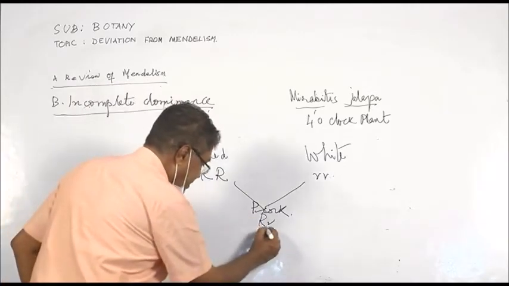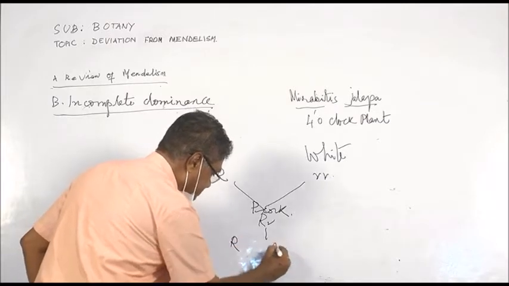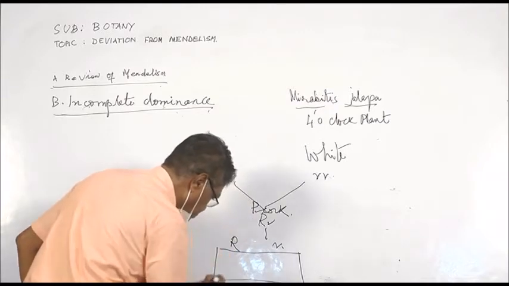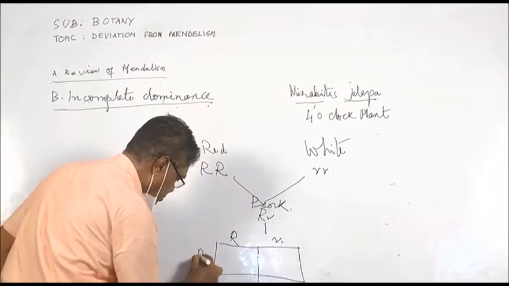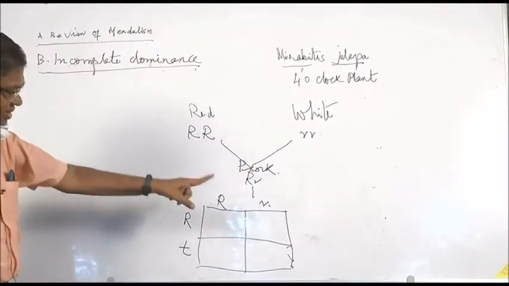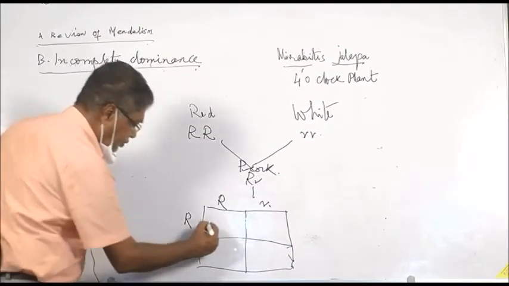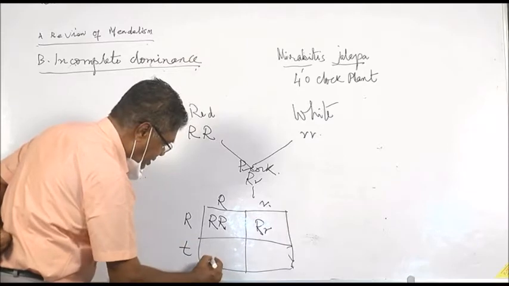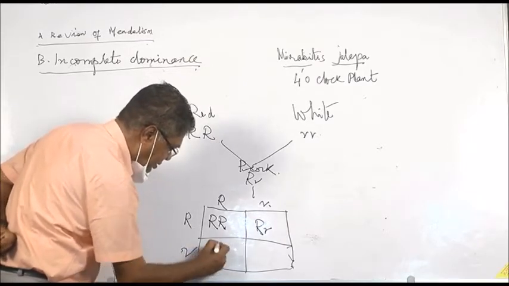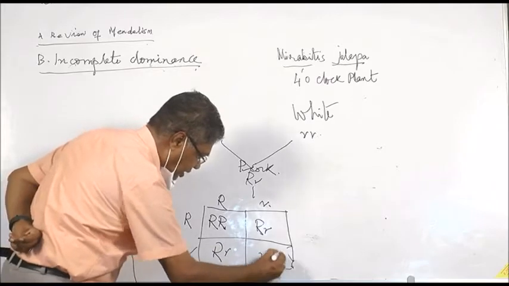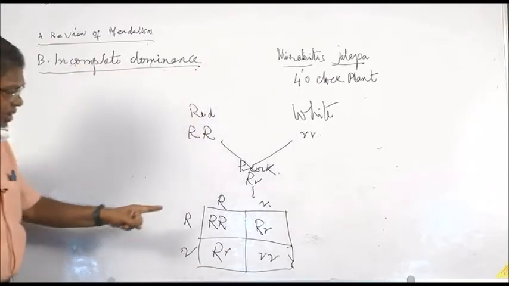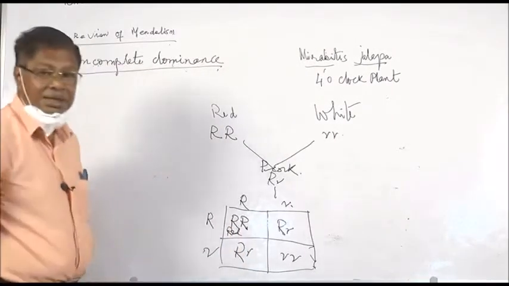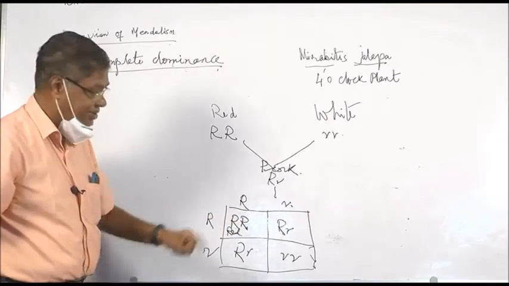Now, when the pink goes to the F2 generation, you will get capital R capital R, capital R small r, capital R small r, and small r small r. There are 4 squares. This one will be red because it is pure red with 2 dominant genes.